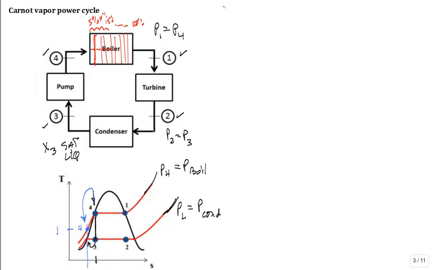What happens in the heating process for this practical Carnot known as the Rankine cycle? I'm just heating it up. I'm going from this temperature to this temperature. It's still liquid. I heat it up, this temperature to this temperature, still liquid. I'm climbing up until I get to the point where now I can start boiling.